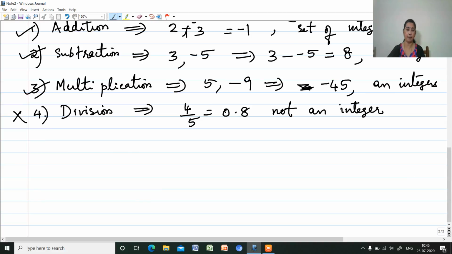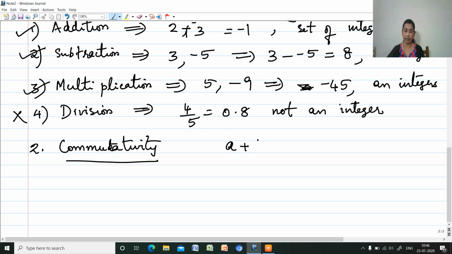The second property is commutativity. Property number 2, we are checking whether it is commutative. What do you mean by commutative property? Commutative means if I'm adding two numbers A and B, reversing the order and adding also, I should get the same value.